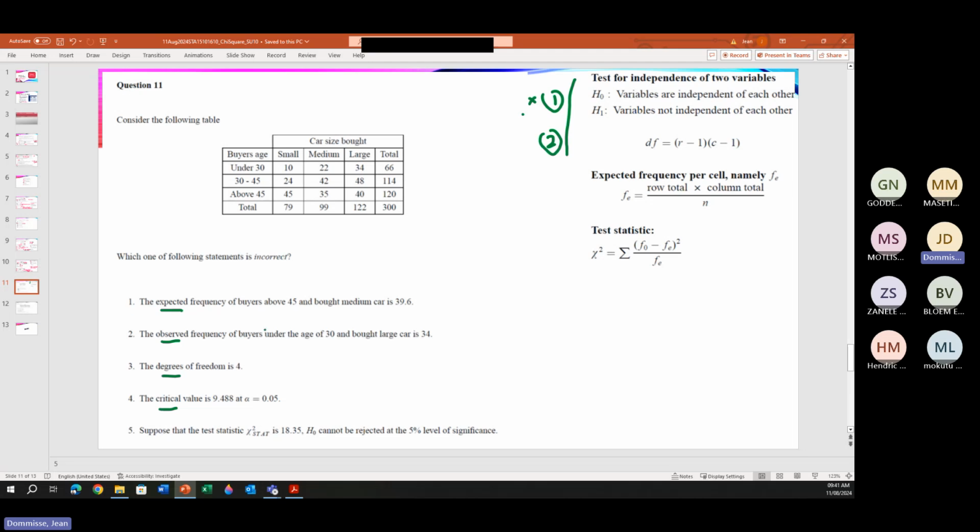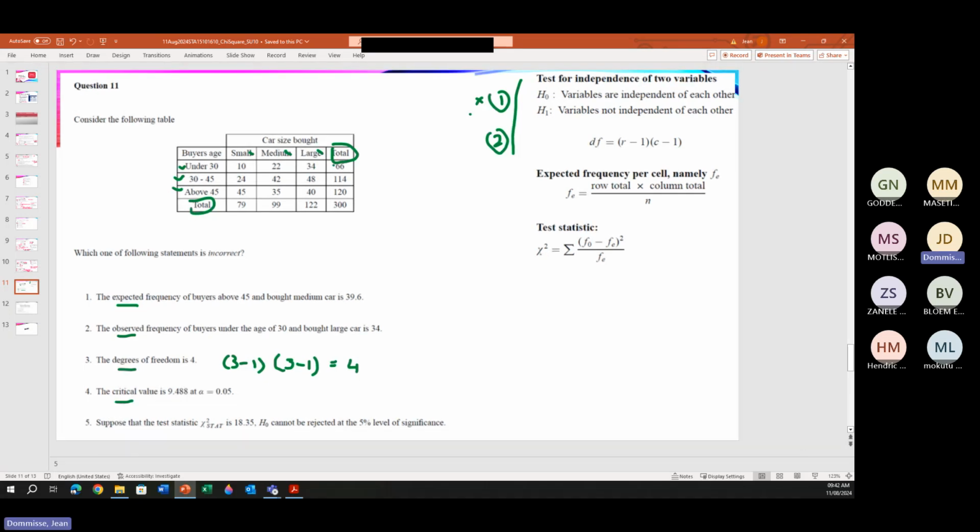So nothing for H1 or H0, but we have the degrees of freedom. So let's see. Rows 1, 2, 3, so 3 minus 1. Columns 1, 2, 3. So also remember when we do this, it's 2 times 2, which is 4. We don't include the total as one of the rows or as one of the columns.